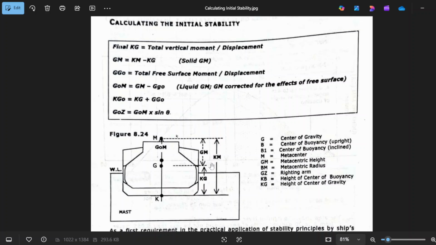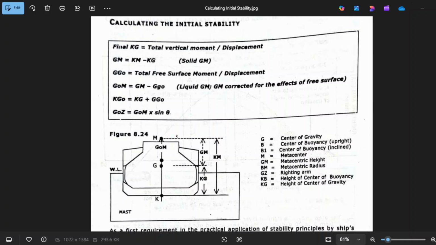Like this one, GM over KG, and your KM is from the keel to your metacentric height. That is your KM. And you can relate this one, your KG is from your keel to your G, and your GM from G to M. So you can relate how to get these figures.